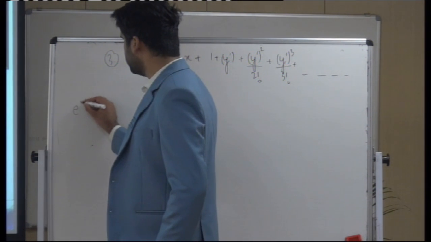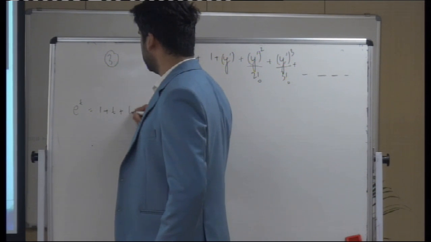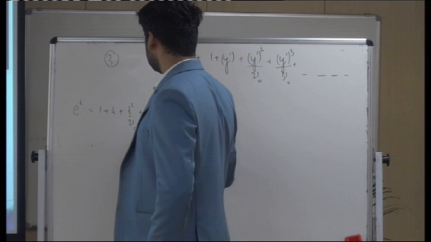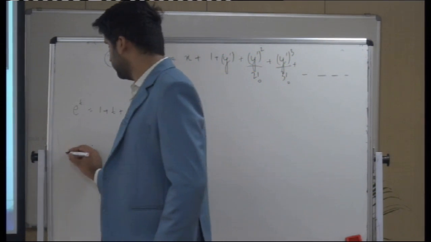If you have e to the power t, the expansion for it is 1 plus t plus t square upon 2 factorial plus t cube upon 3 factorial. Are you aware of all the other expansions? What is the expansion for sine t?